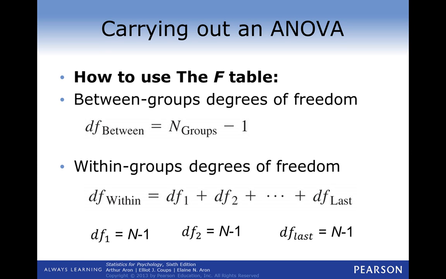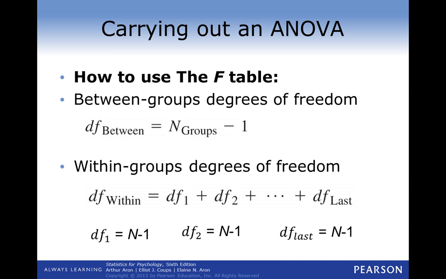You will notice in the first column it says denominator degrees of freedom. The second column says significance level. And then across the top it says number of degrees of freedom. So the way this works is that, remember, between on top, within on bottom. B on top, W on bottom.